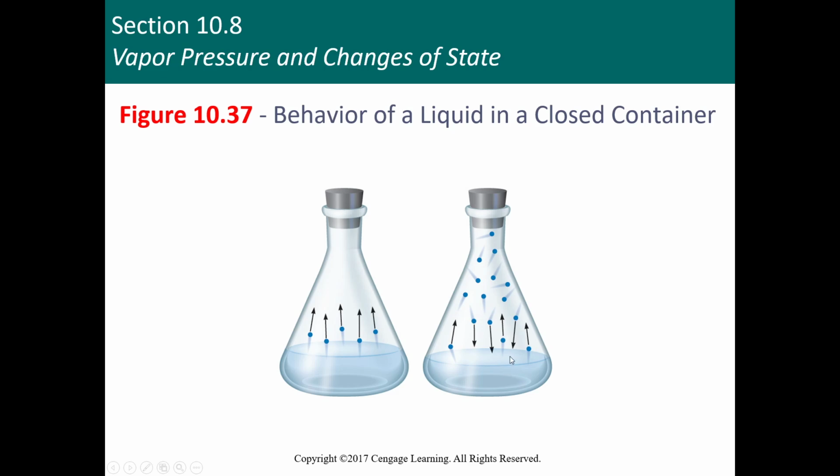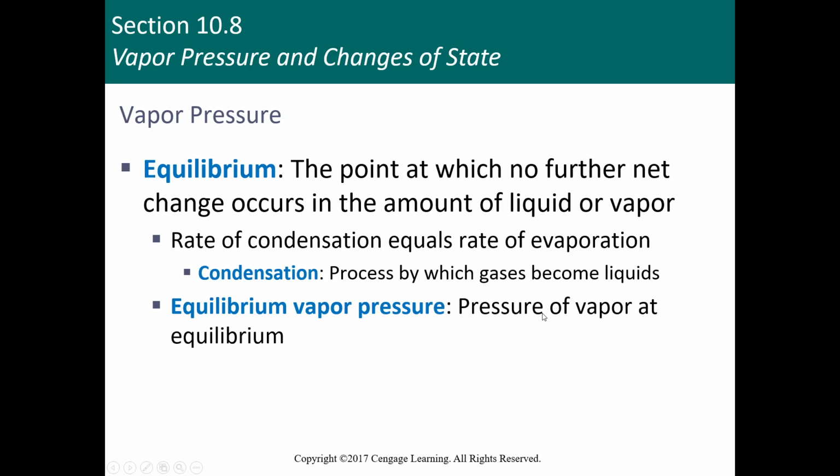Overall, these levels don't change, but individually, these molecules, some will eject, some will go back in. Vapor pressure. So at equilibrium, the point at which no further net change occurs in the amount of liquid or vapor, the rate of condensation will equal the rate of evaporation.